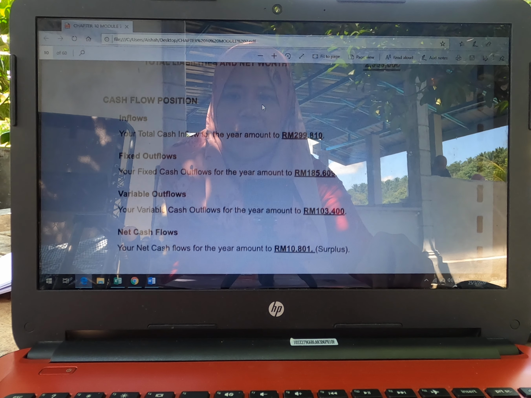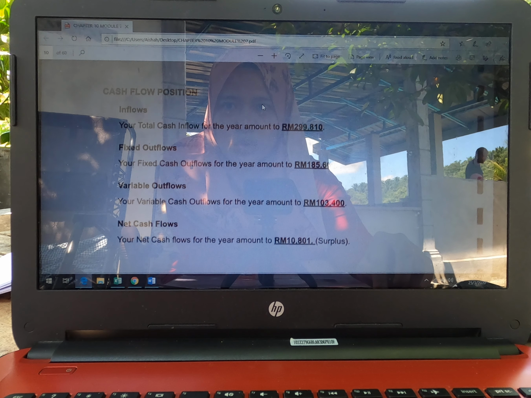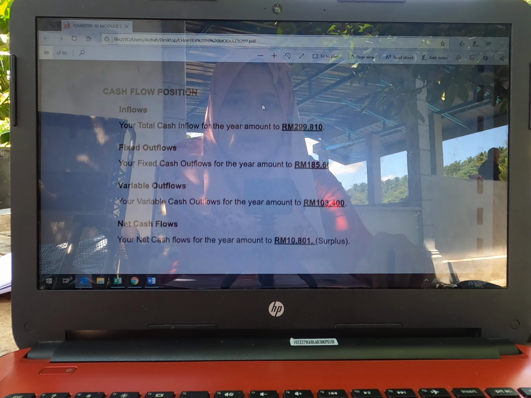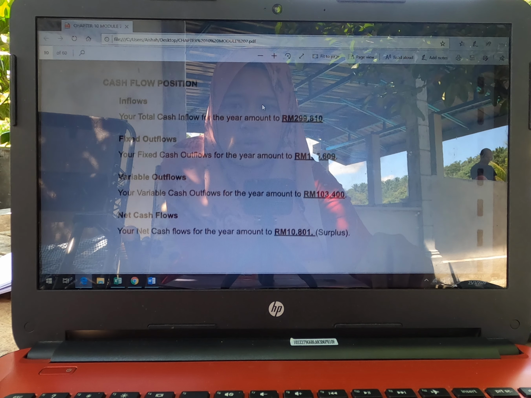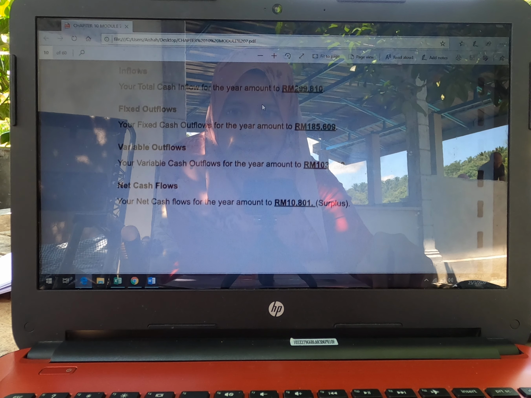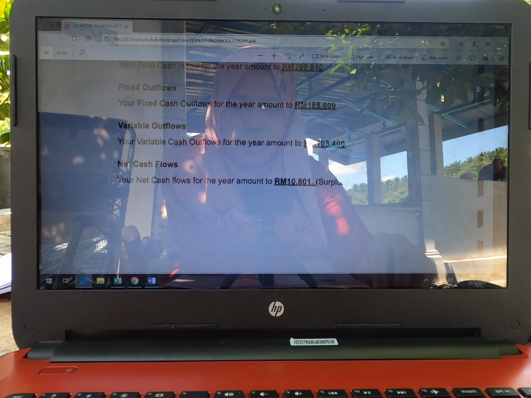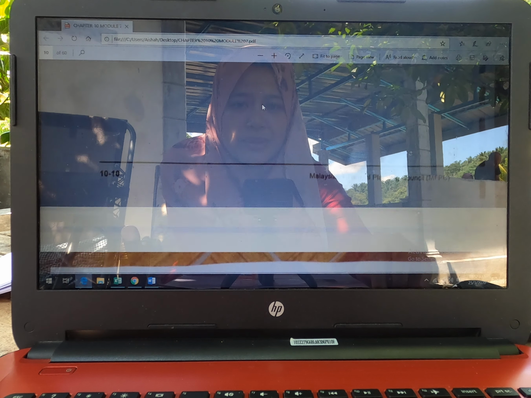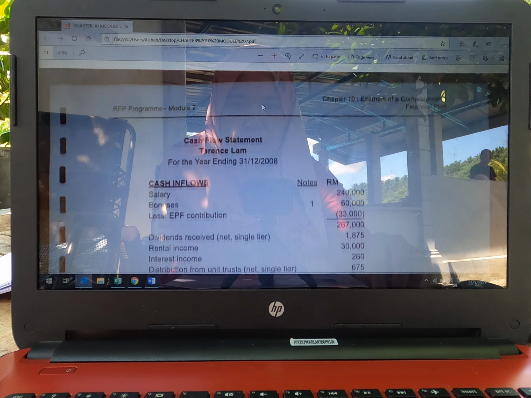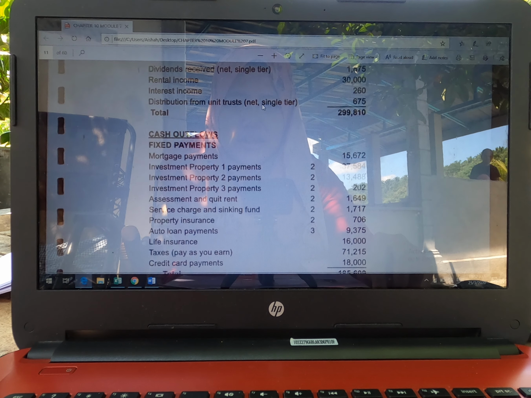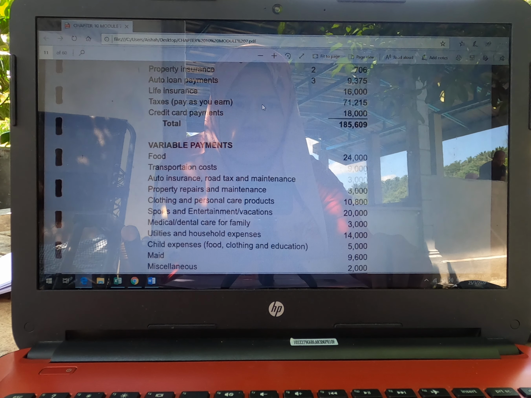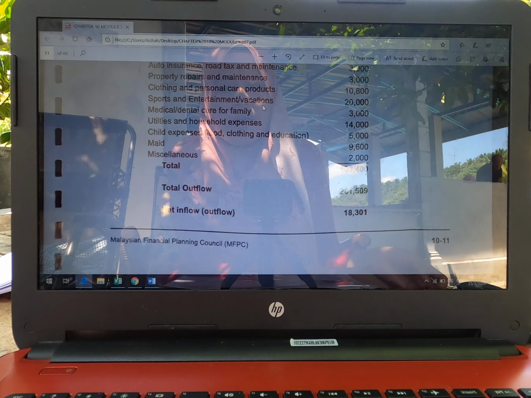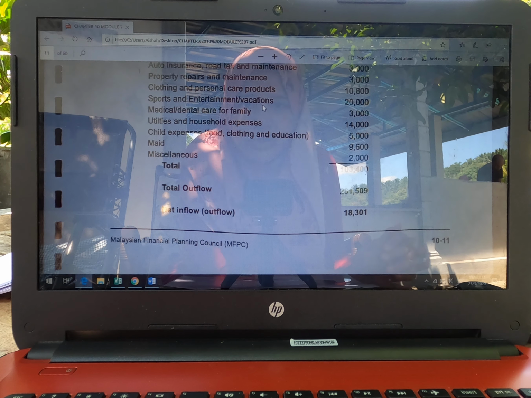At the end of the day, you have to show the cash flow position of your client: the inflow, the fixed outflow, the variable outflow, and the net cash flow, and again the net cash flow must be positive. If your client doesn't have a positive net cash flow, it is also problematic for you to give recommendations. With all of this cash flow information, finally you calculate the net inflow or outflow of the client and make sure that it's a net inflow.